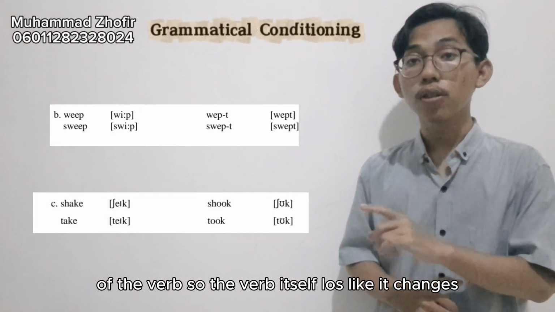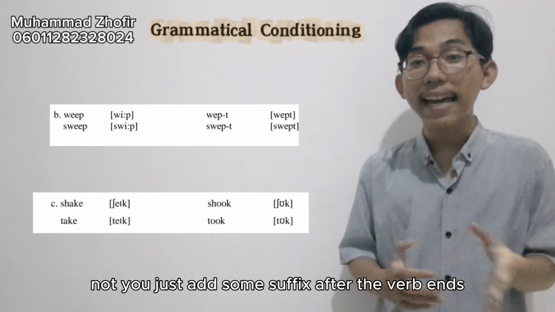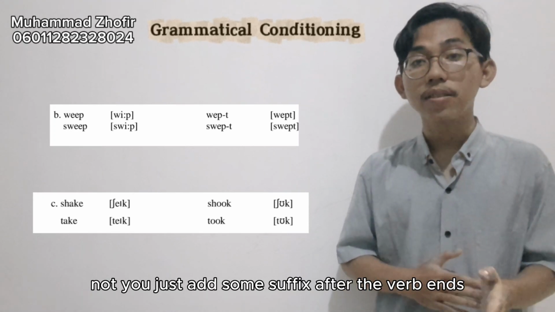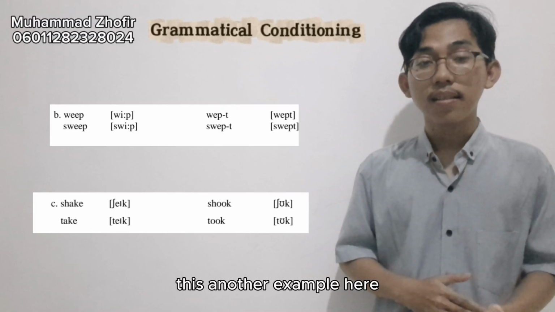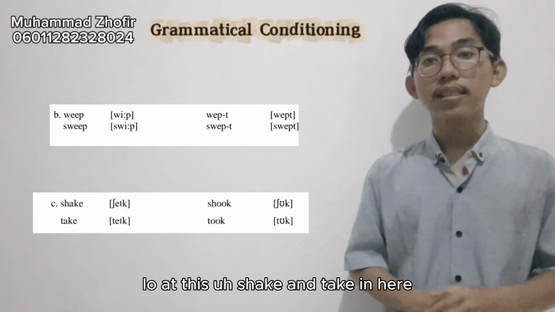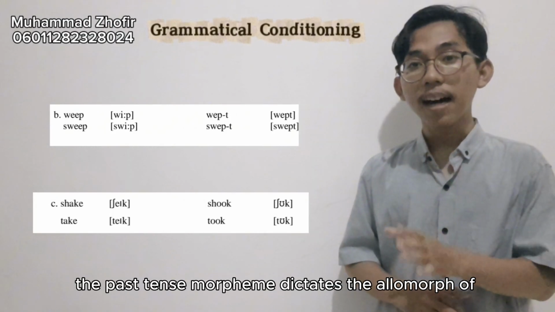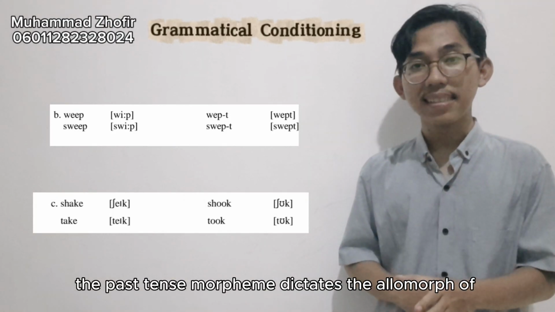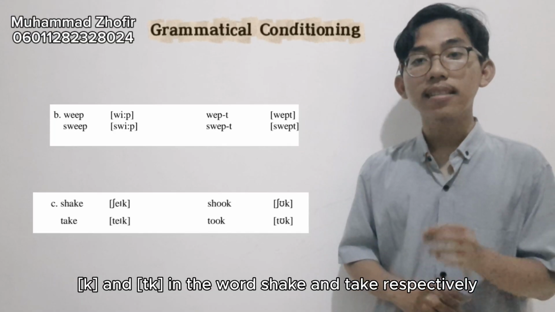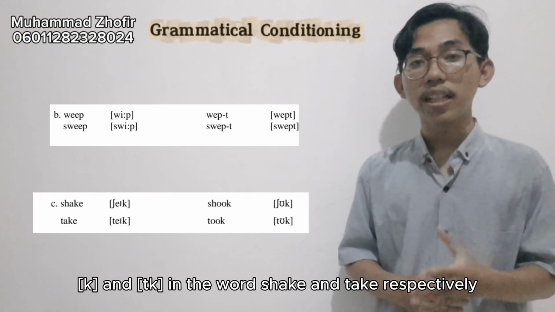So the verb itself looks like it changes, not that you just add some suffix after the verb ends. Another example here, look at shake and take. Here, the past tense morpheme dictates the allomorphs of k and t in the words shake and take respectively.